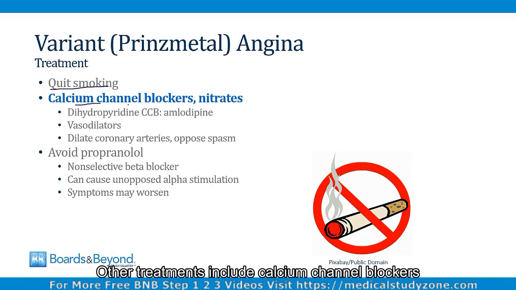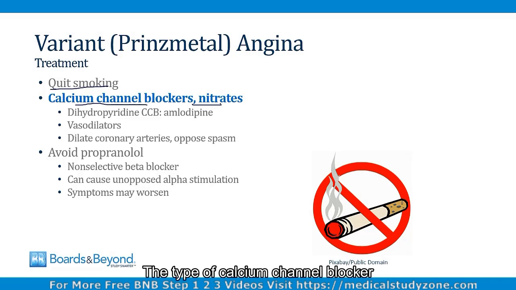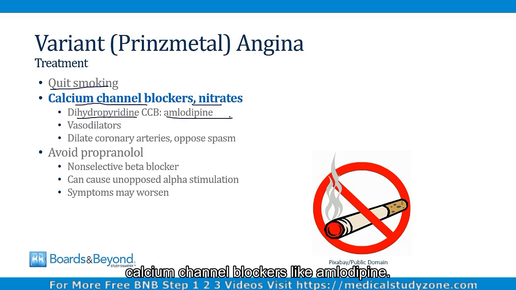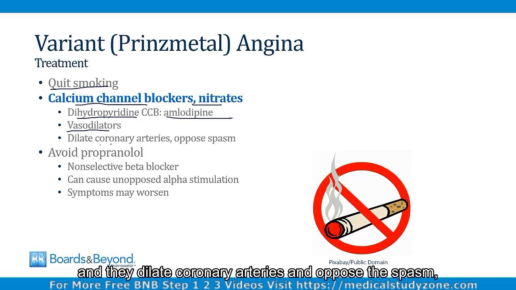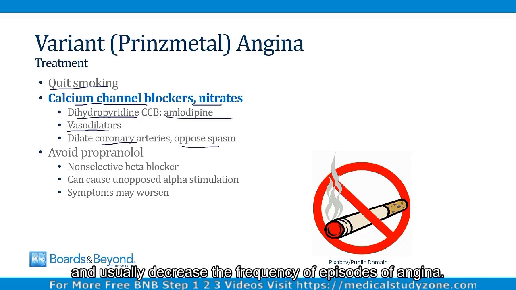Other treatments include calcium channel blockers and nitrates. The type of calcium channel blocker used for treatment of variant angina are the dihydropyridine calcium channel blockers, like amlodipine. These drugs and nitrates have vasodilatory properties, and they dilate coronary arteries and oppose the spasm, and usually decrease the frequency of episodes of angina.